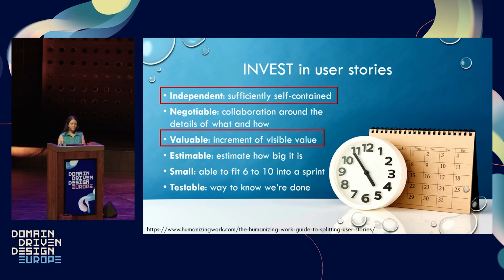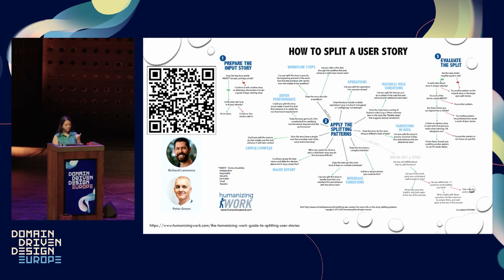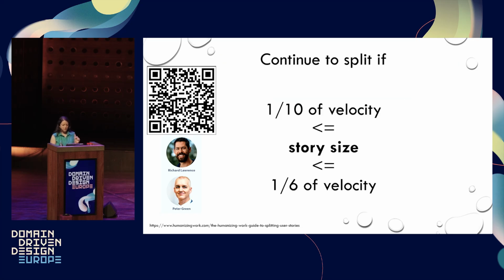If you are not familiar with how to split your user stories, you can use the patterns of splitting user stories of Richard and Peter. There are many patterns. If the feature is a kind of workflow, if there are perhaps 2 parts of the user story, a simple one, a complex one, etc. And the main criterion is that the size of the user story should be between 1/10 and 1/6 of your velocity.